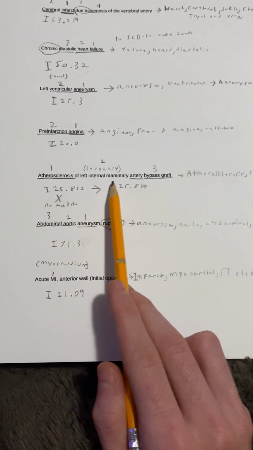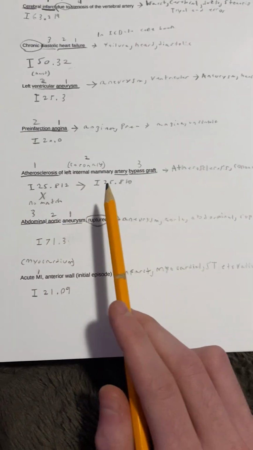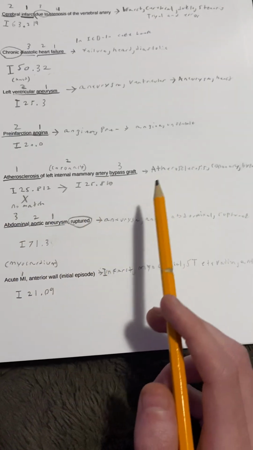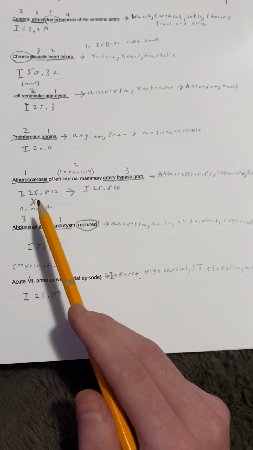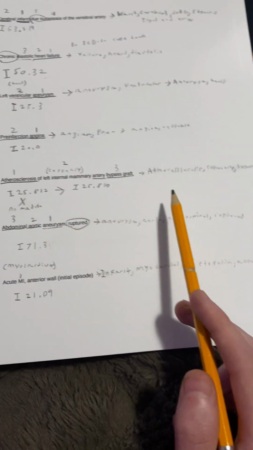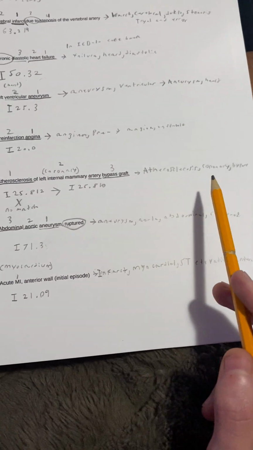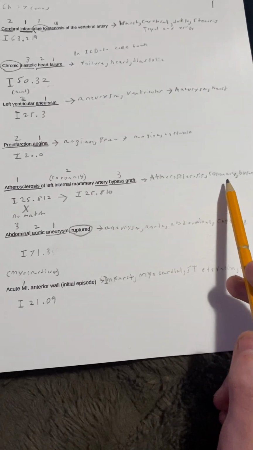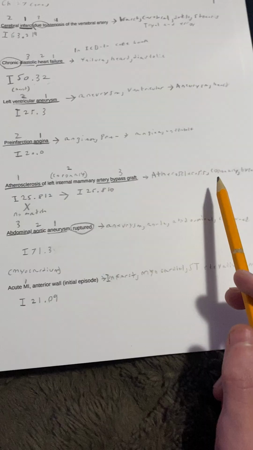Atherosclerosis of the left internal mammary artery bypass graft. I thought it was I25.812 because I typed in atherosclerosis, then coronary bypass.